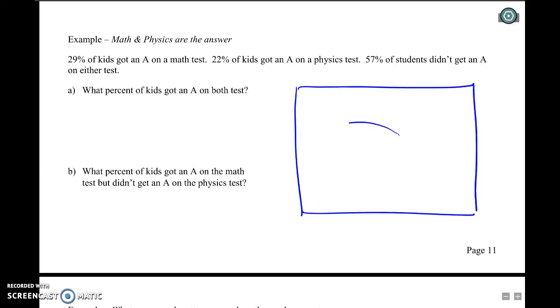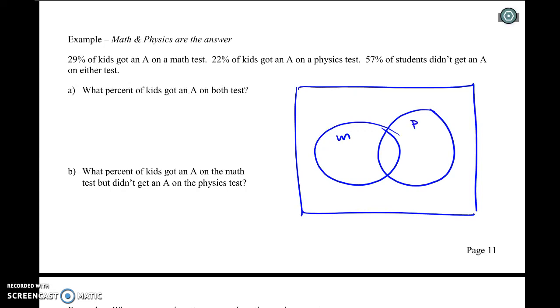I'm going to draw a Venn diagram to organize my information. We've got two tests, a math test and a physics test. These blobs represent the people that got A's on those tests. So 29 got an A on the math test, but I can't put 29 here because I don't know what this part is yet.